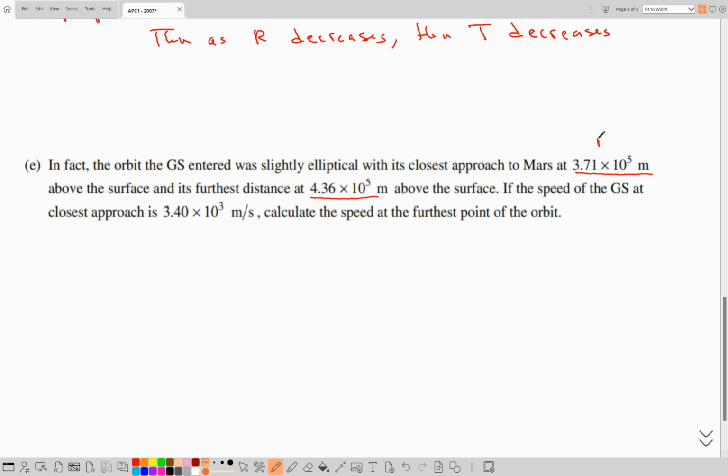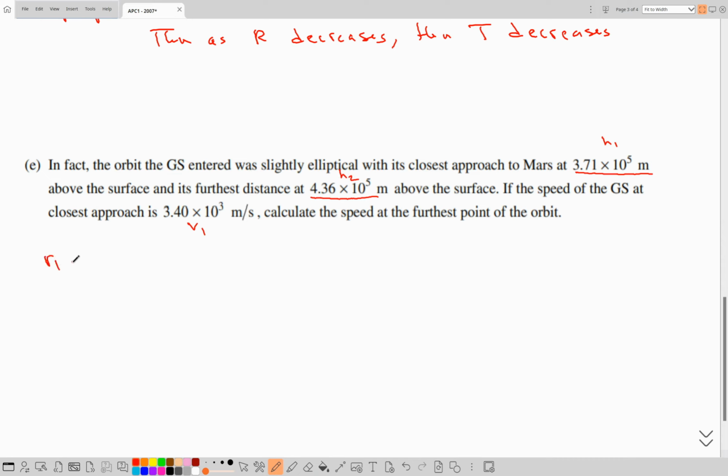So if this is R1, that would be V1, for example. This is R2, and for sure we're asked to calculate the speed at the furthest point, which is V2. Now before we proceed, let's determine R1 and R2, and let me say these are not R, however this is H1 and that would be H2.